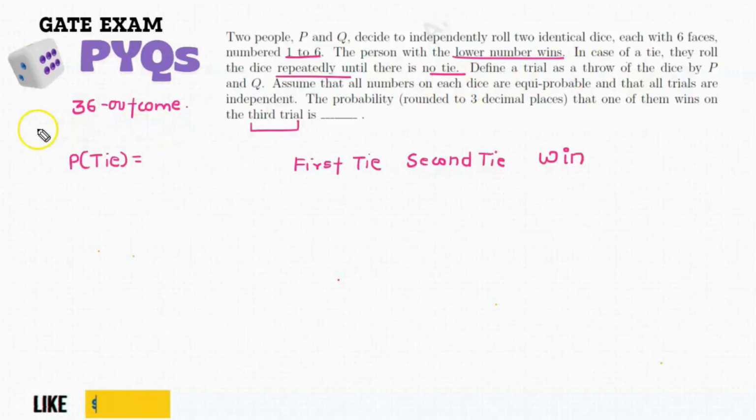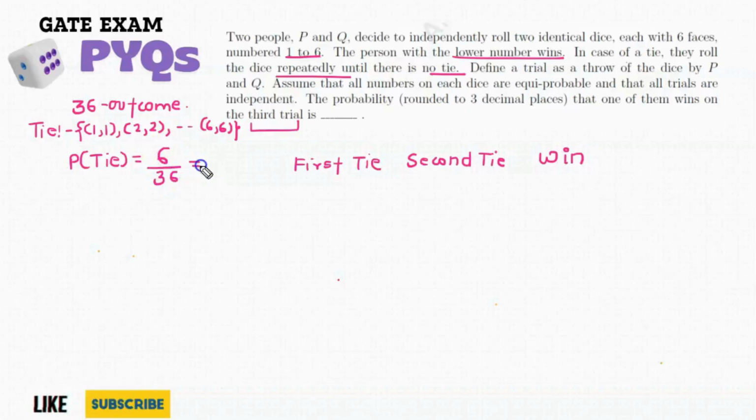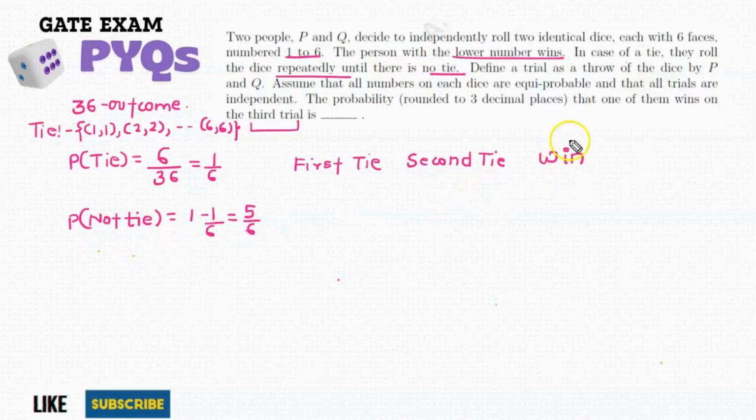A tie is only possible for the outcomes 1,1, 2,2 and so on till 6,6. So the probability of getting a tie is 6 divided by 36, which is 1 over 6. The probability of not a tie is the complement, 1 minus 1 over 6, that is 5 over 6. And winning is the complement of this not tie, correct?